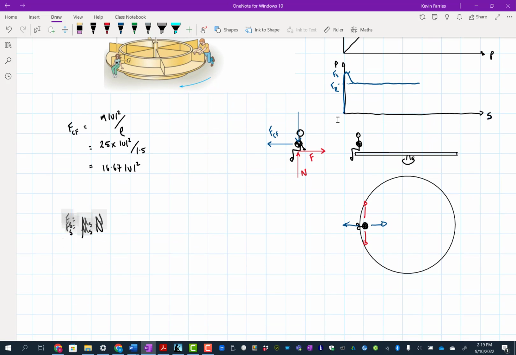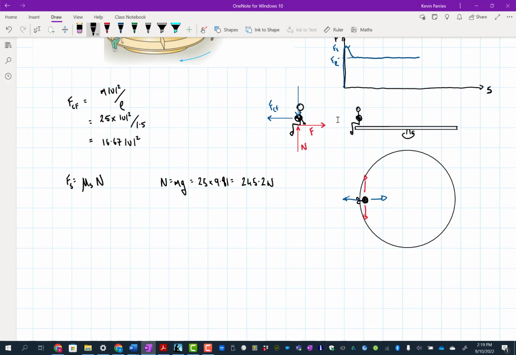So, let's just keep writing. We know that the normal force is equal to her mass times gravity, which is 25 times 9.81, which is equal to 245.2-ish newtons.